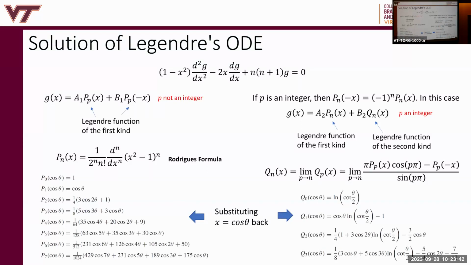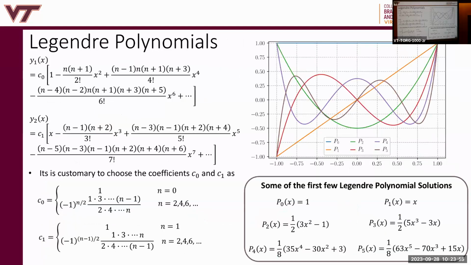Why don't we divide it into functions for minus and plus? Oh, you mean here? Yes. We do that because the solution that we got here has an even series and an odd series.